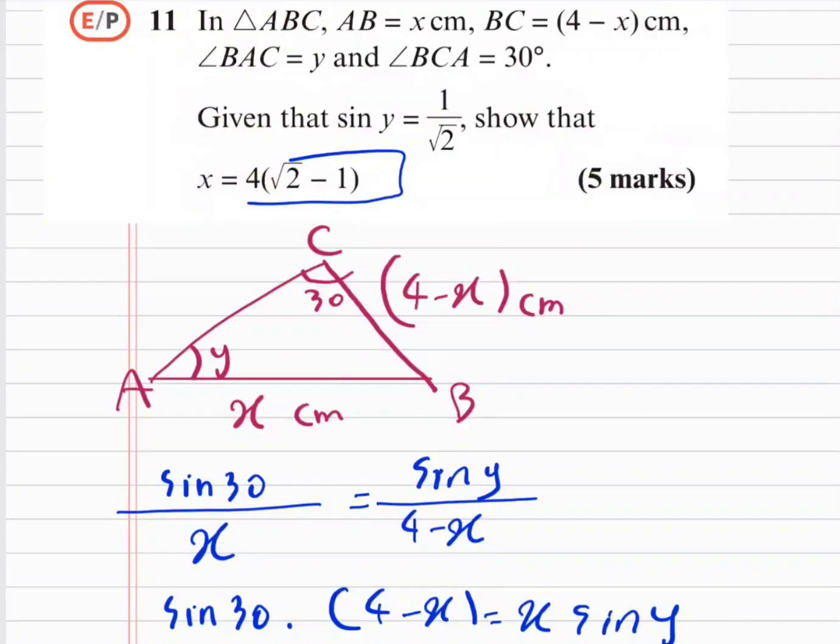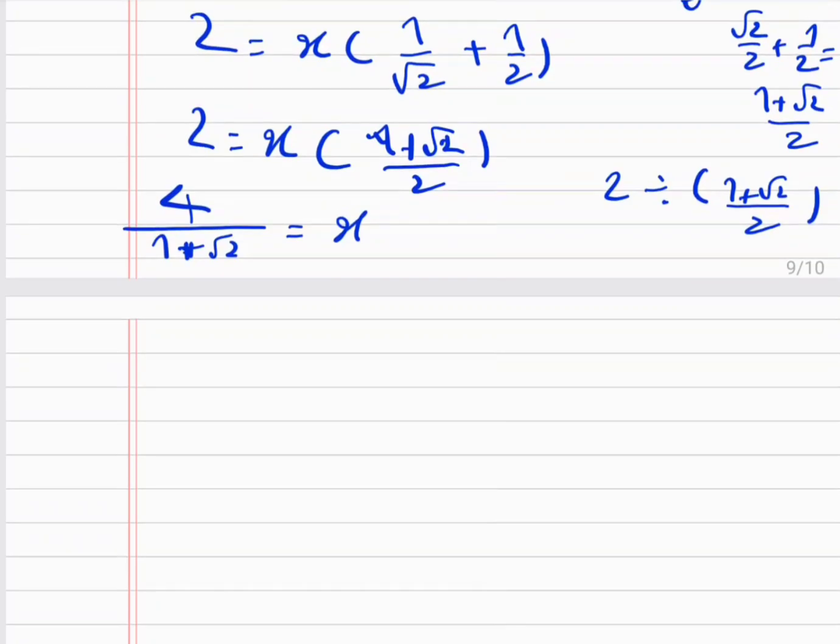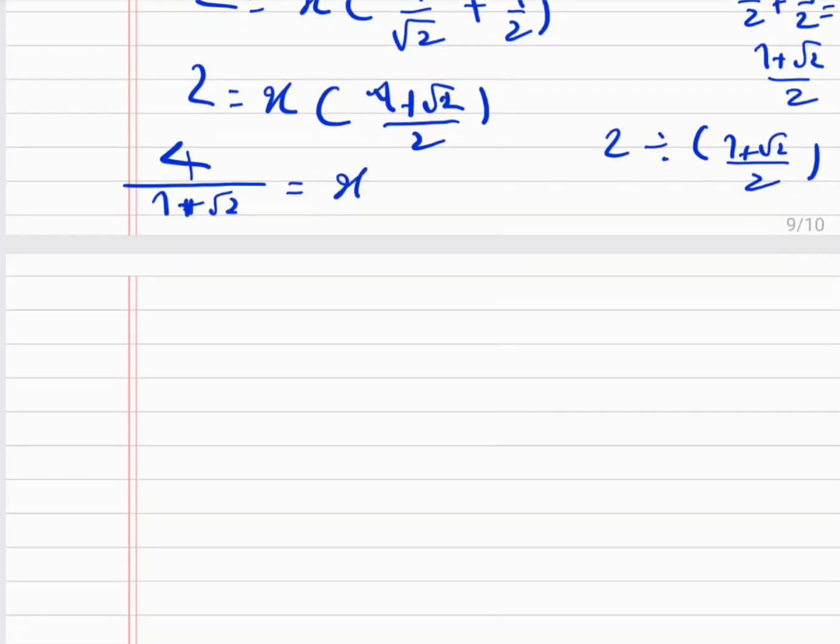Right, so we are not quite done yet, because we want to show that it's equivalent to 4 times root 2 minus 1. For the last step, we just need to rationalize this fraction. So we multiply top and bottom by root 2 minus 1.